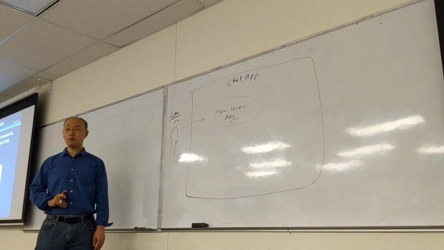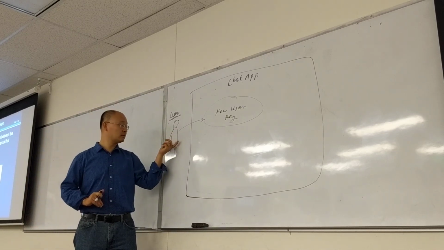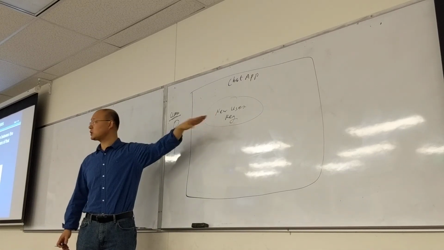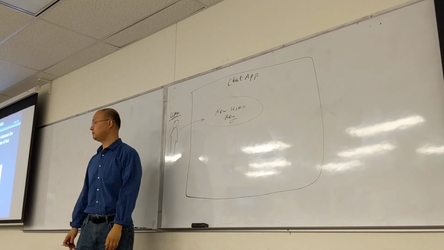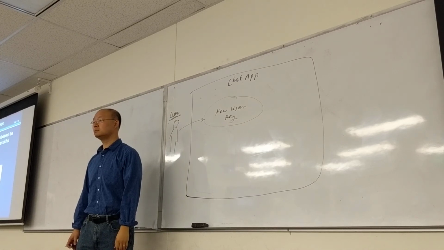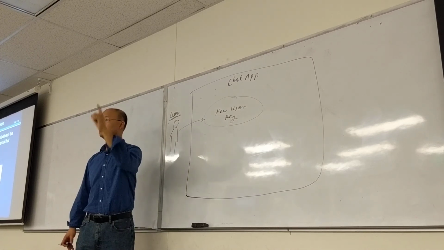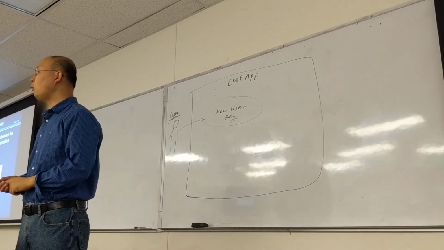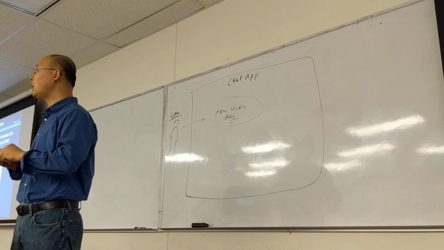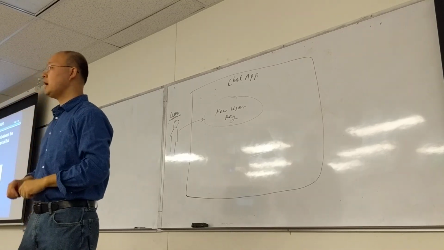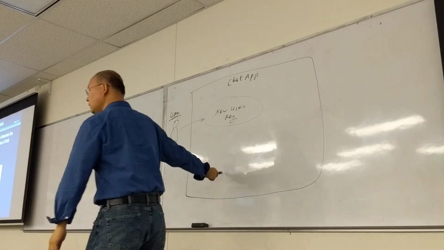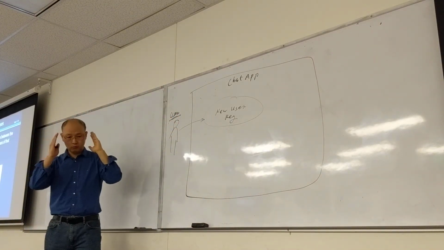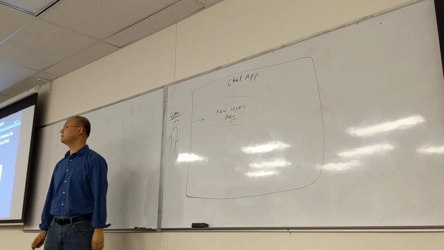However, we do know the first thing this user would demand from the program is that I should be able to register my information with this app. This is functionality number one. This is how we go about it. So your goal in terms of requirements is to enumerate the functionality the user will view from outside.